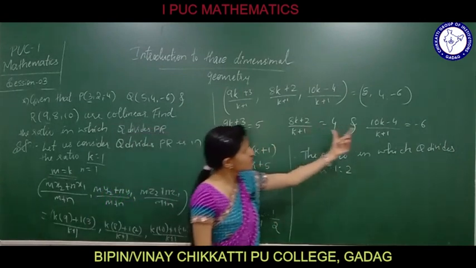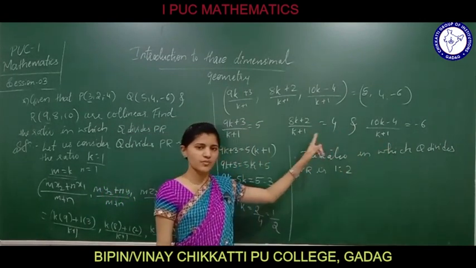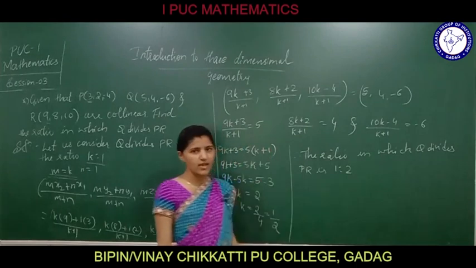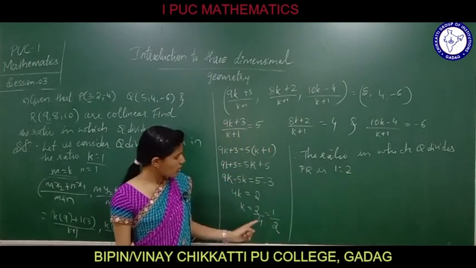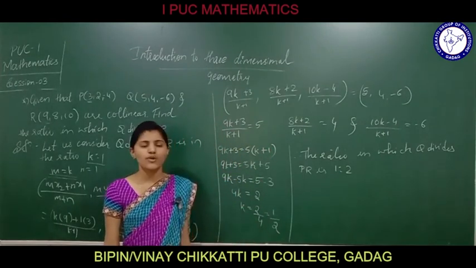We can solve using any of these points, any one coordinate, and solve. We have considered this and solved. On solving, we got the ratio as 1 is to 2.